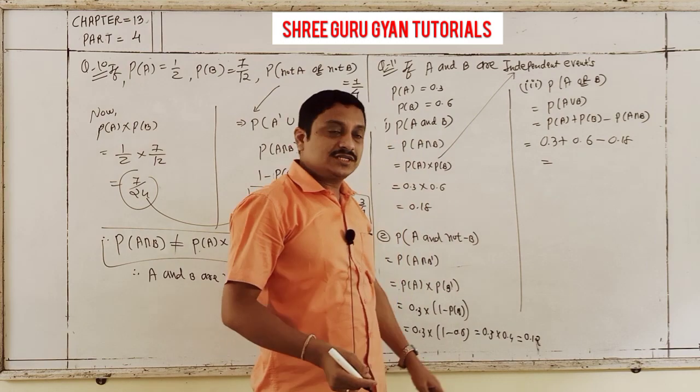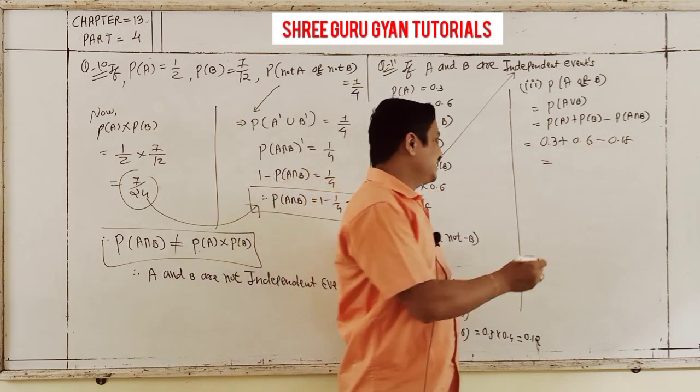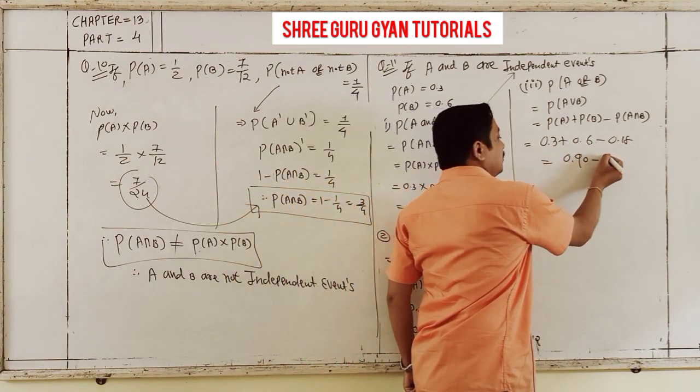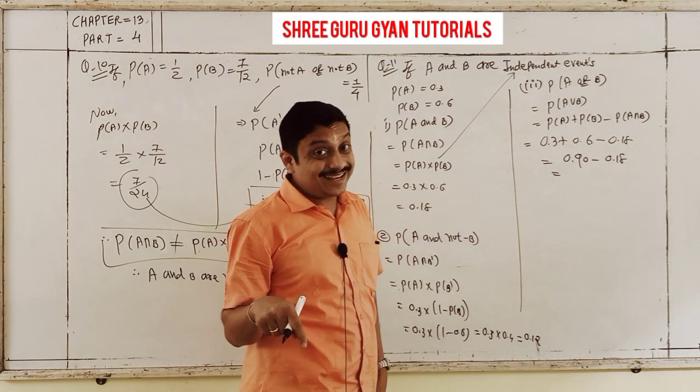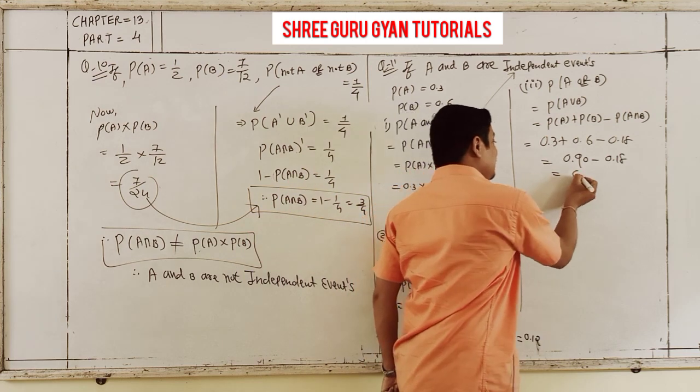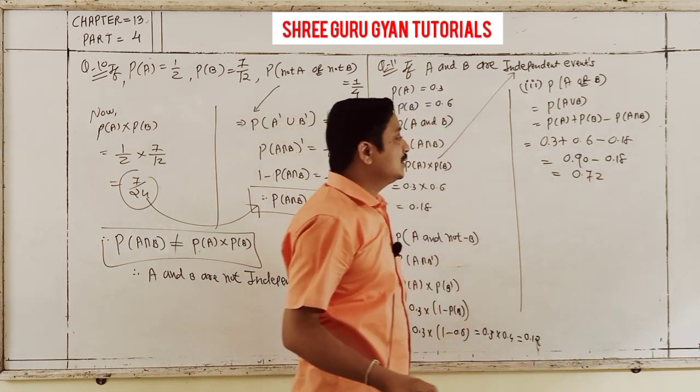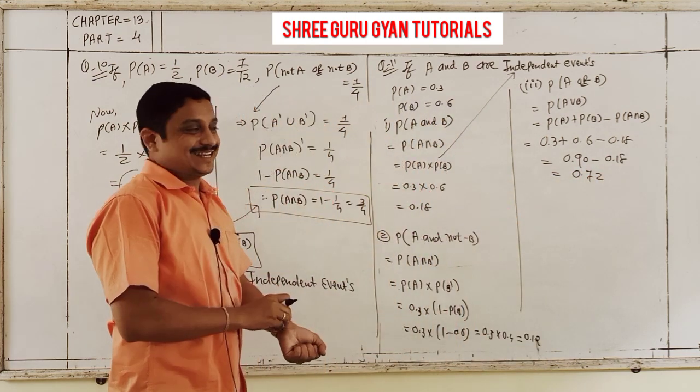Students, here you consider 30 and 60, 90. 0.90 minus 0.18. So 90 minus 18 is 72, so 0.72.